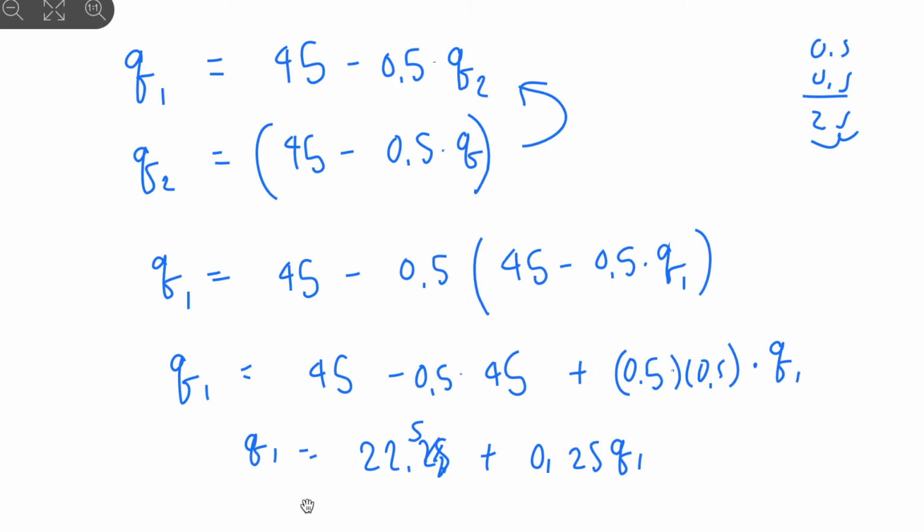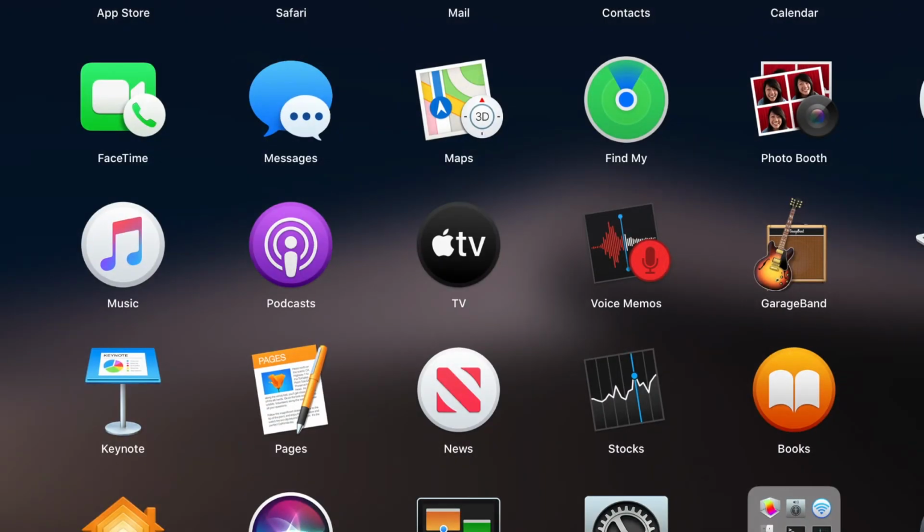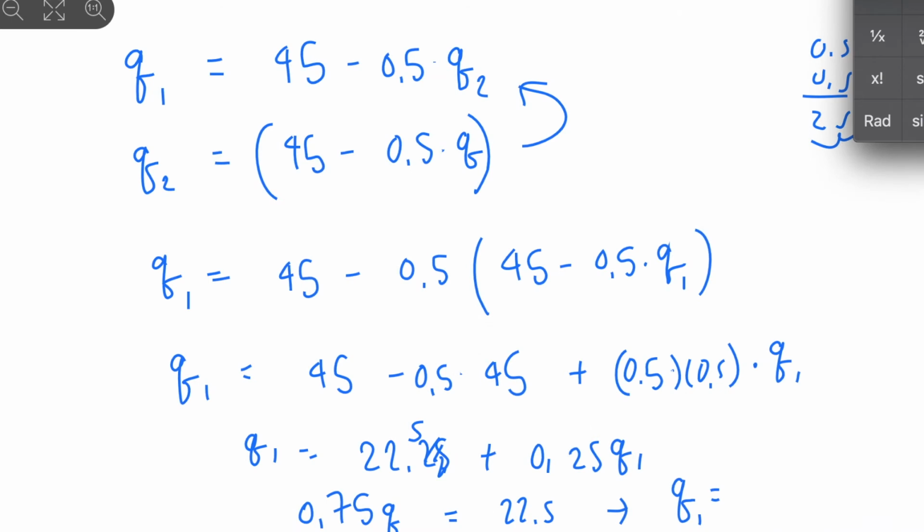So we have 0.75 Q1 equals 22.5, and thus we get the quantity of Firm 1: 22.5 over 0.75 is 30. The quantity of Firm 1 equals 30.